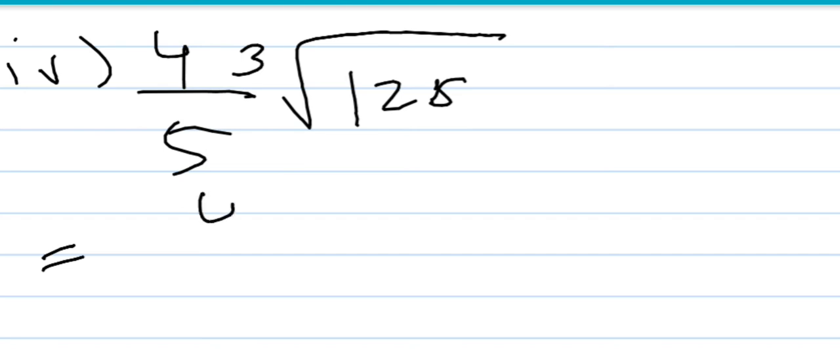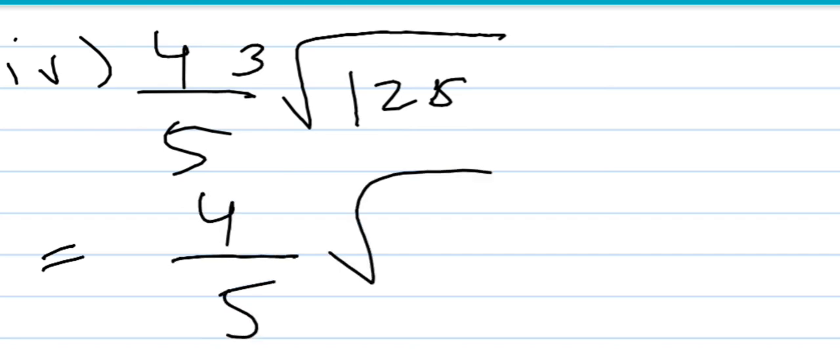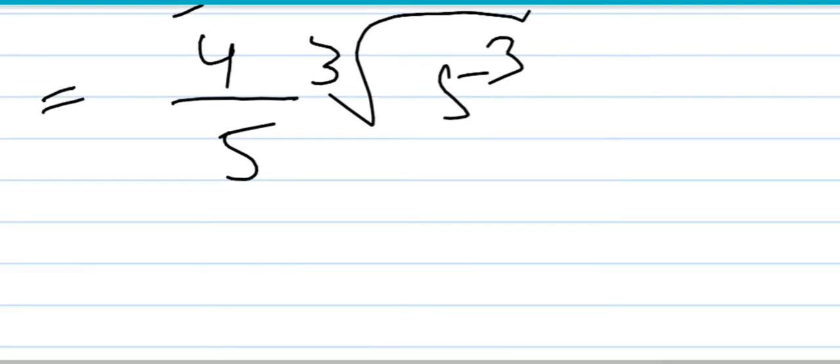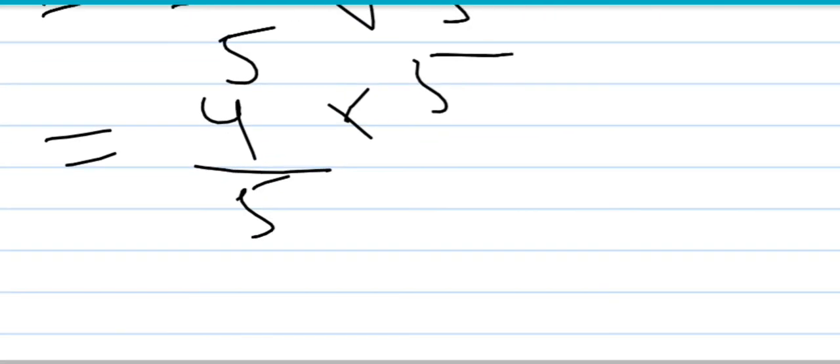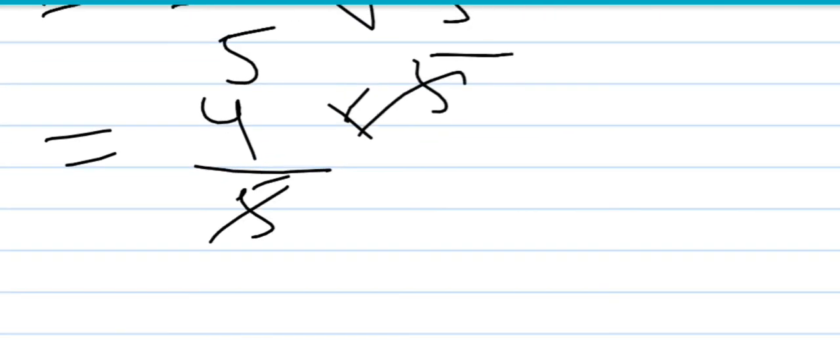It is commonly known that 5 cube is 125, so I'm not finding its factors. You should know because it is very easy. It will become 5 cube, and the cube and cube root will cancel. Then 4 divided by 5 multiply by 5, and 5 multiply 5 will be cut, and 4 will be the answer.